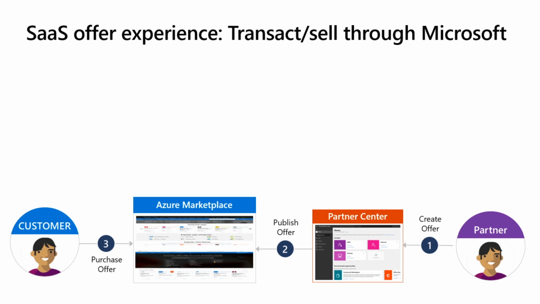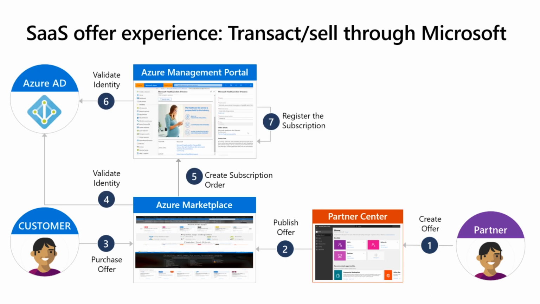The next thing that will happen is that once the customer finds your solution and clicks on it, they will be asked to log into Azure Active Directory, and they will find information regarding the solution they're looking to buy. First they will see the product and the description.